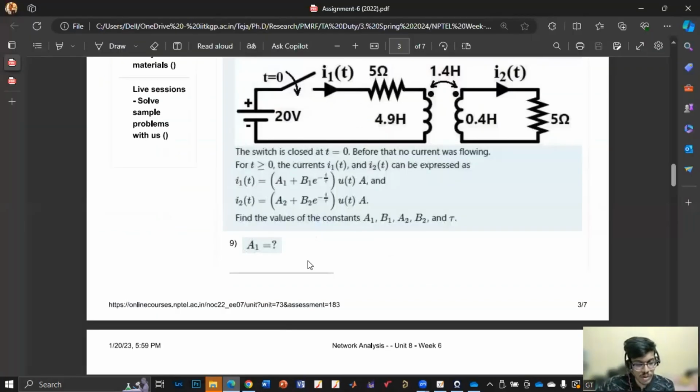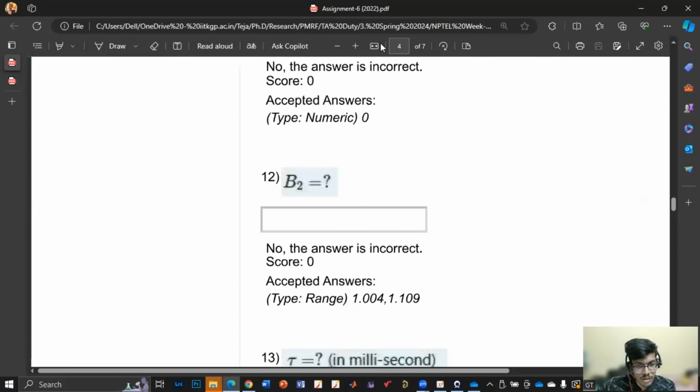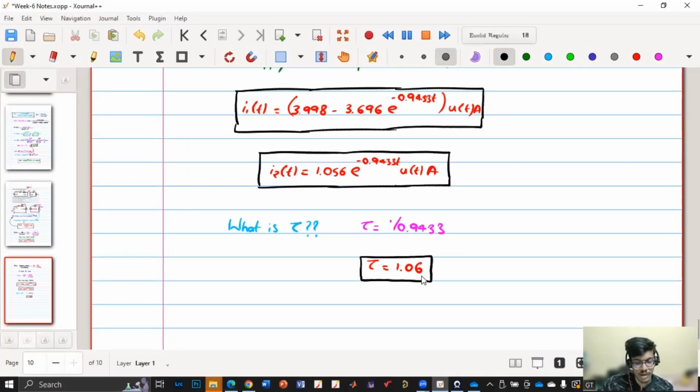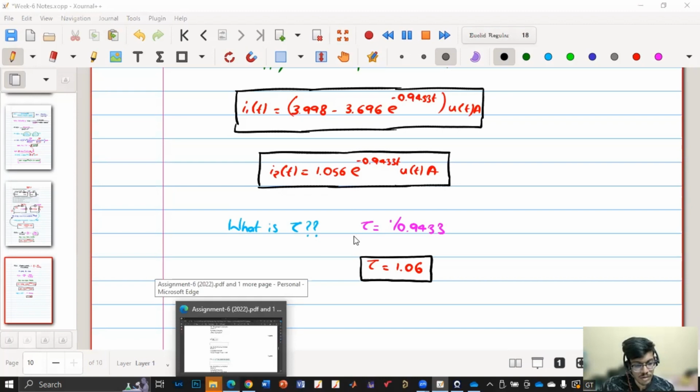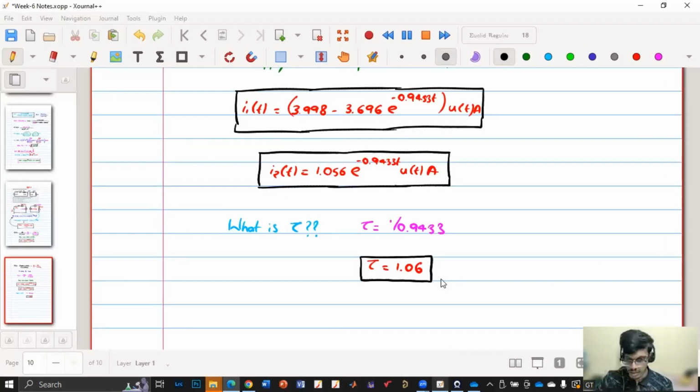So tau is 1.06. What is the value of tau in millisecond? For millisecond, 1060. Yes, yes.